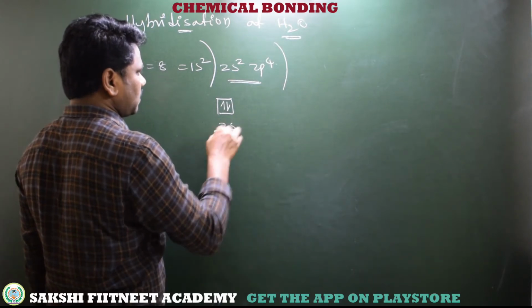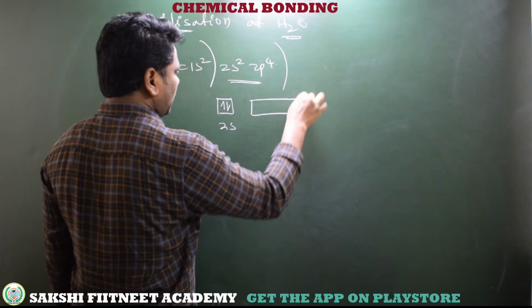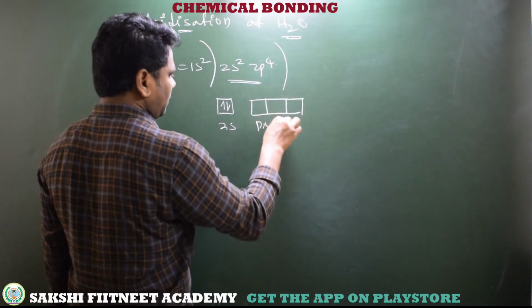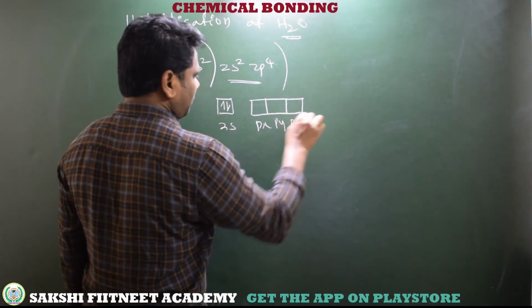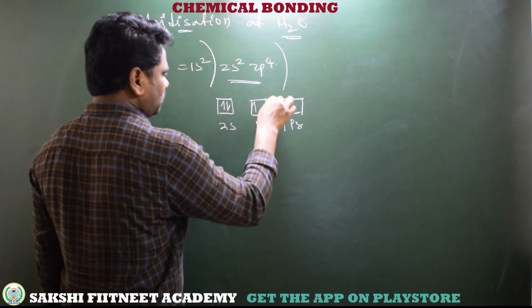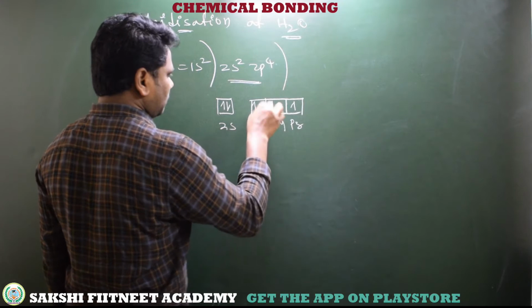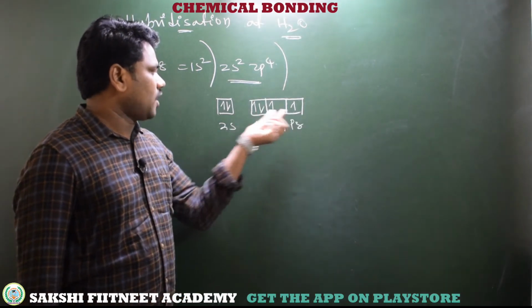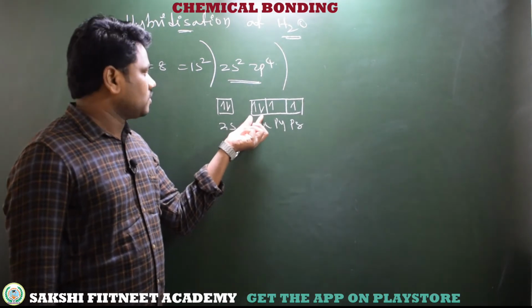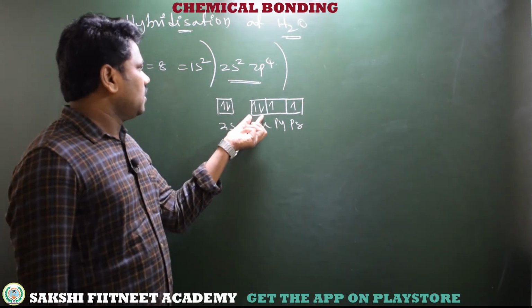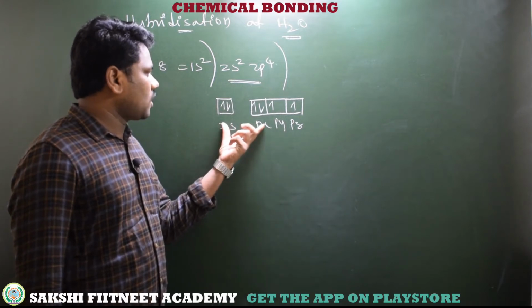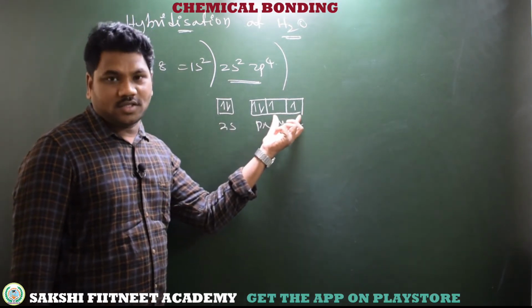Now the p orbitals are px, py and pz. Here we have 4 electrons, and one orbital is paired. You can take this pair in any orbital; I am taking it in the px orbital. So in the total configuration 2s2 2p4, there are 2 lone pairs and 2 unpaired electrons.